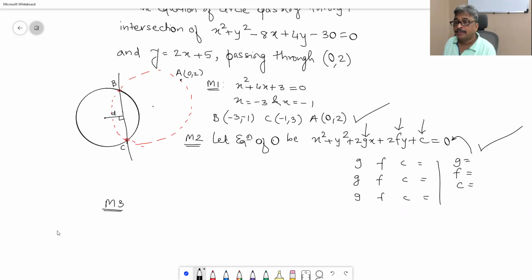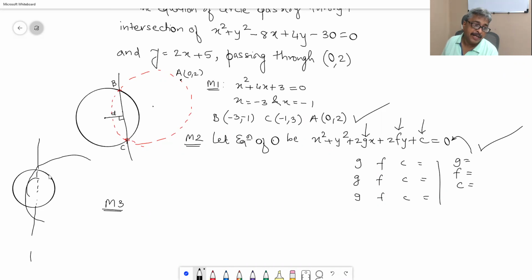It is going to be useful for finding the equation of a sphere passing through the intersection of a line and a sphere. You can extend your geometry from the two-dimensional geometry that we are learning now to higher dimensions using method 3.